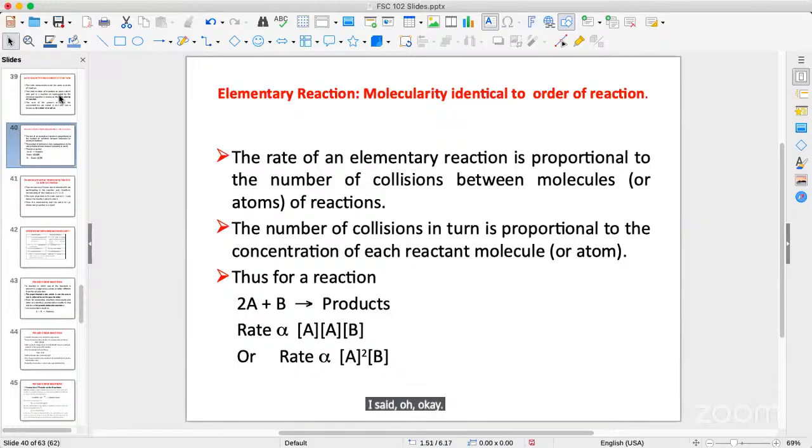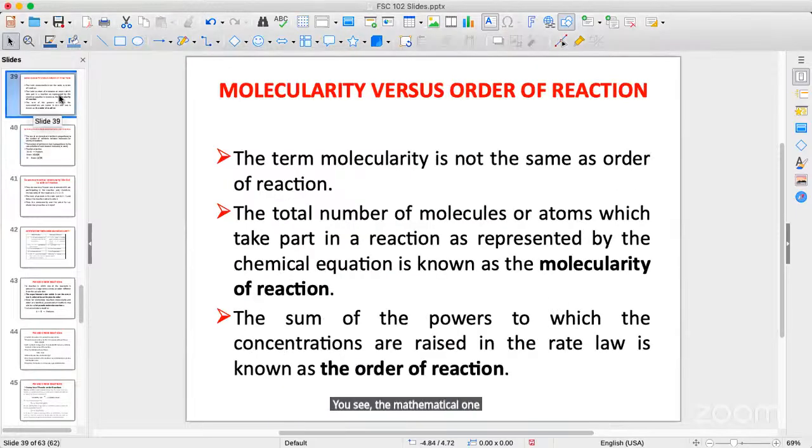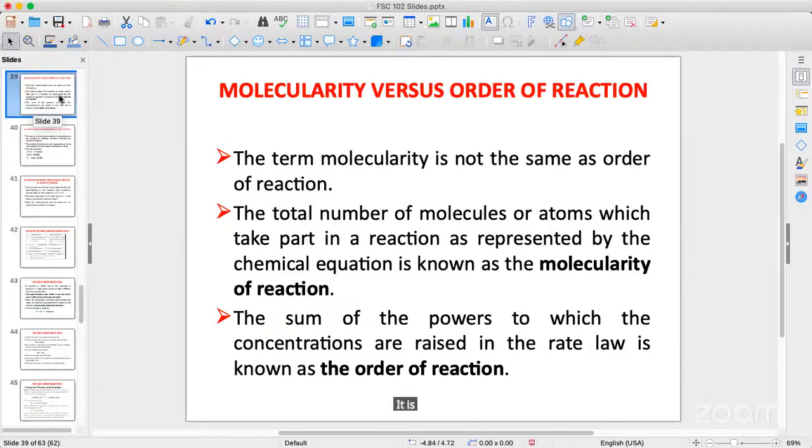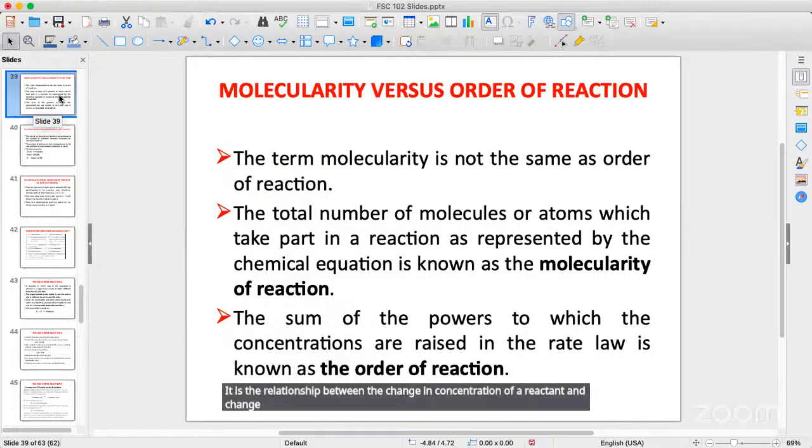The mathematical one, I said that it is the relationship between the change in concentration of a reactant and the change in rate of reaction. The second one is what you're actually having on your screen now: the sum of the powers to which the concentrations are raised in the rate law.